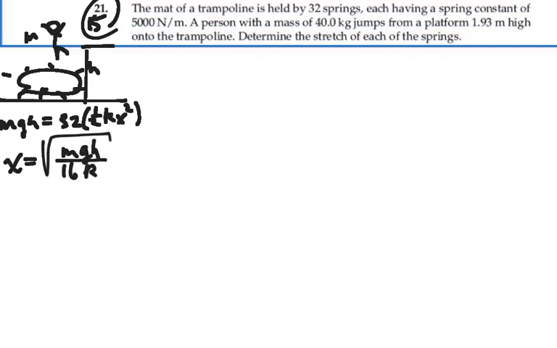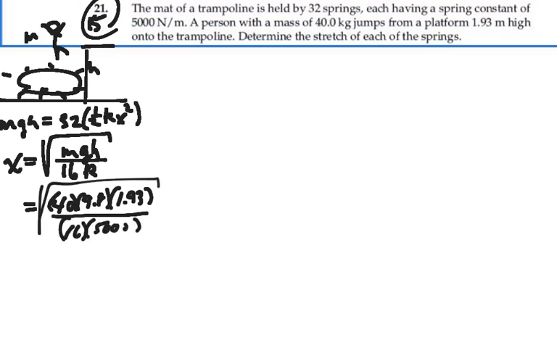So that is going to be equal to the square root of 40 times 9.8 times 1.93 divided by 16 times 5,000, and if we do that, we get 0.0972 meters, or 9.72 centimeters.